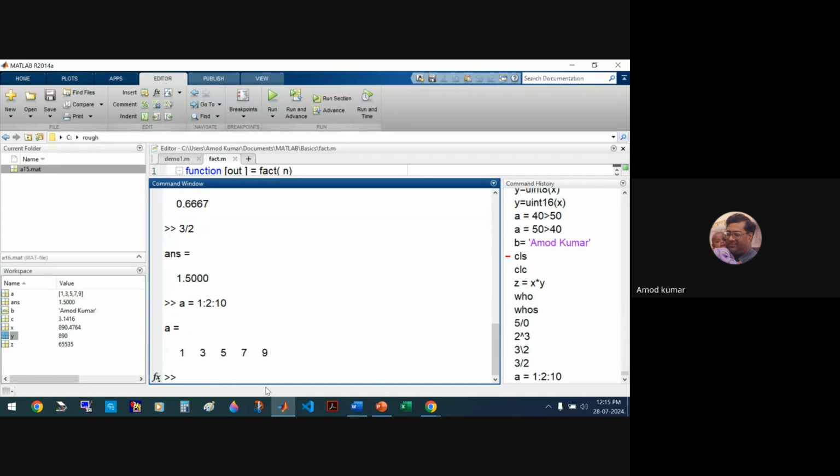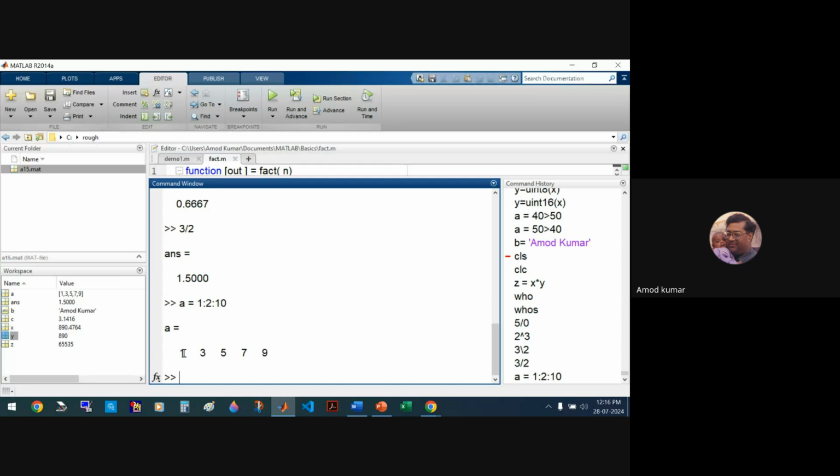When I execute this, just see what happened. MATLAB generates a row matrix, in which there is only one row and many columns. That is called a row matrix, or you can call it a row array. Doesn't matter, both are the same thing.